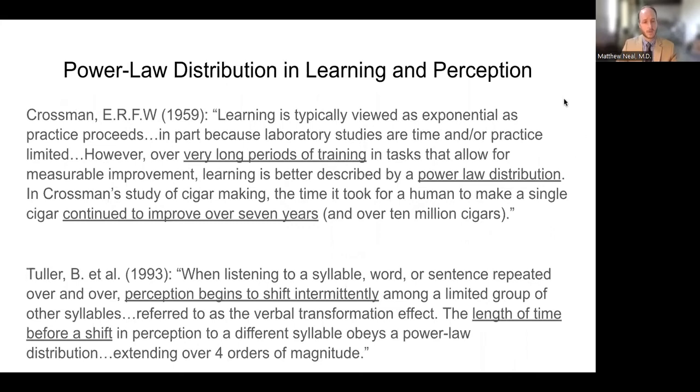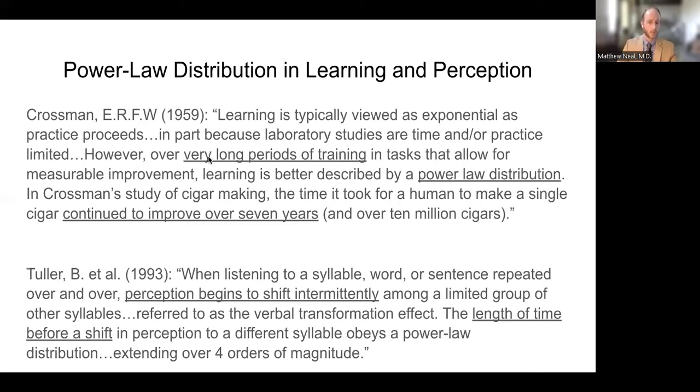For our purposes, we do see power law distributions in learning and perceptual systems. Learning is typically thought of as an exponential process, so as you progress, you have this exponential diminishment in your returns. But a lot of those studies are limited. You've only got so much funding to be in a lab for a certain amount of time.